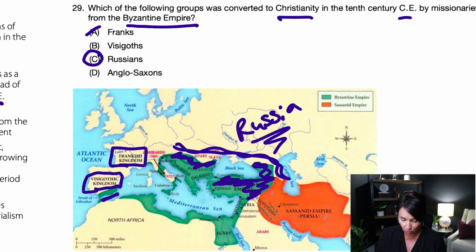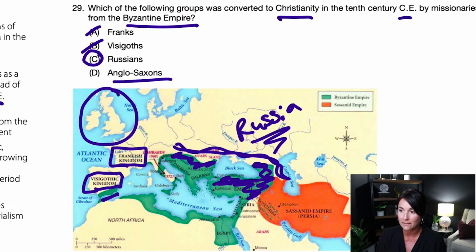So I'm going to cross that off. And then the Anglo-Saxons, they were way up here in England. And so they're not even touching the Byzantine Empire whatsoever. So I'm going to cross that off. And C is the best answer here, Russians, because Russia borders the Byzantine Empire. And just due to location, the Byzantine Empire is going to gravitate more towards Russia. So C is the correct answer for 29.